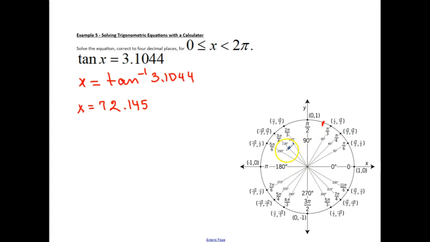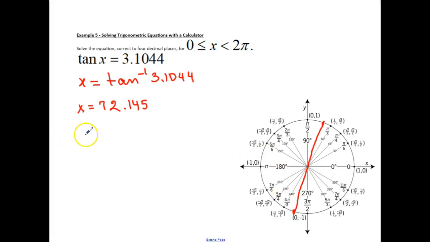But the calculator will only give you one solution. Is it possible that there is another angle with the same tangent measurement? If so, which quadrant would it be located in? If you said quadrant 3, then you were correct. In quadrant 3, this reference angle will have the same tangent value. Okay?